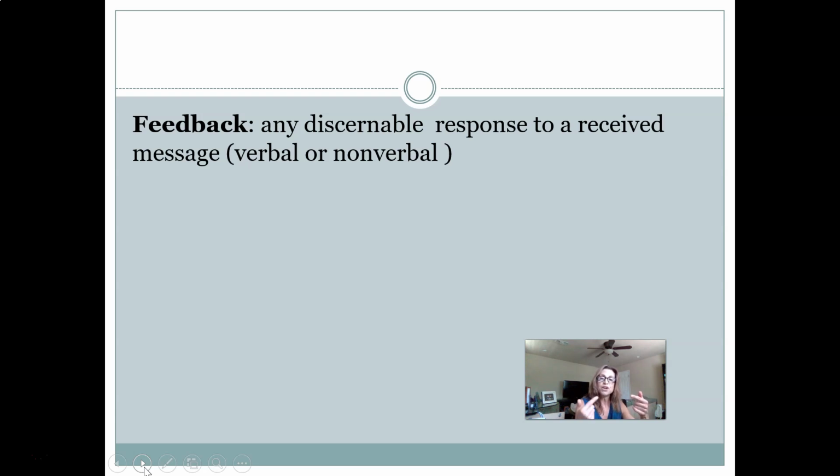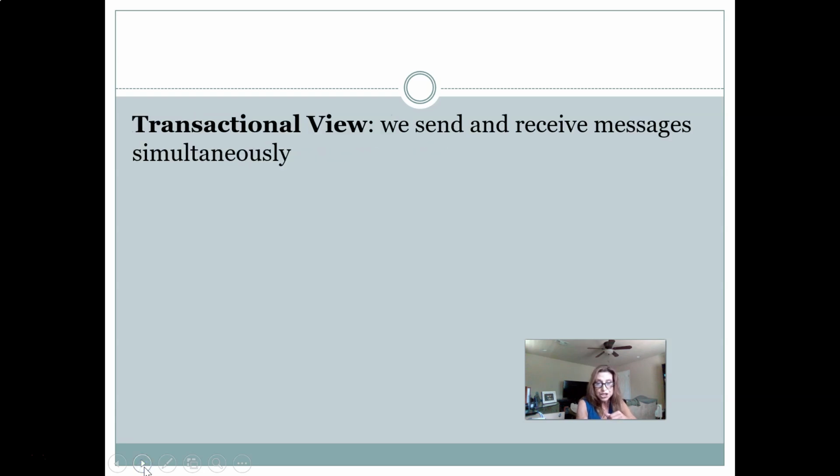Now, when you are rolling your eyes at me and sending me a message as the decoder, you just transformed yourself into what? The encoder, right? So if you're rolling your eyes, you're sending me a message, and that's what the encoder does. They send messages. So we call this the transactional view of communication, which is that we send and we receive messages simultaneously. So in this class, when we study communication, we will isolate encoder, decoder, sender, receiver.